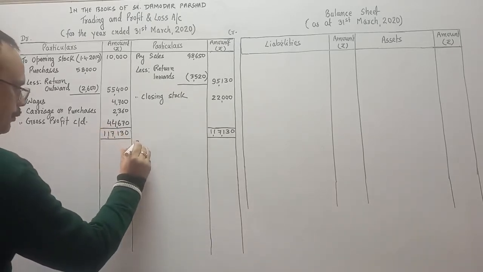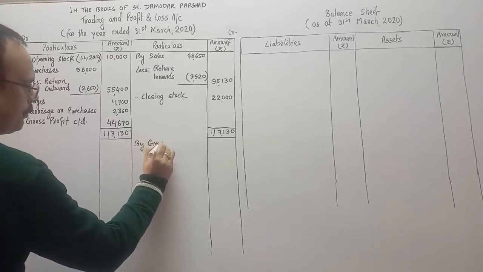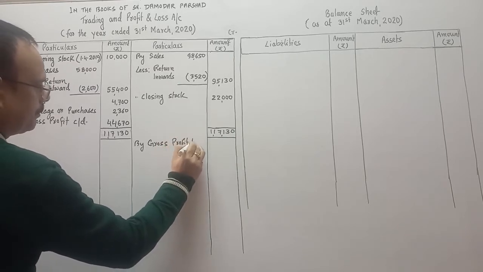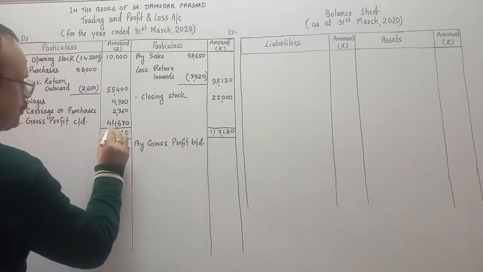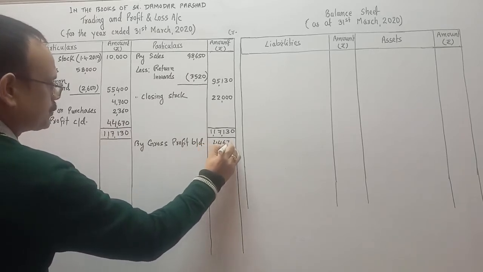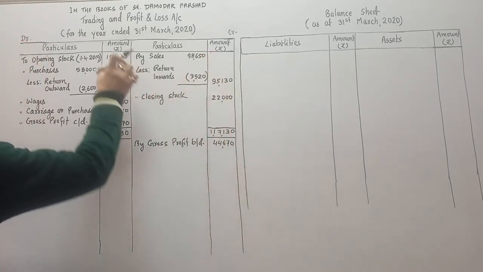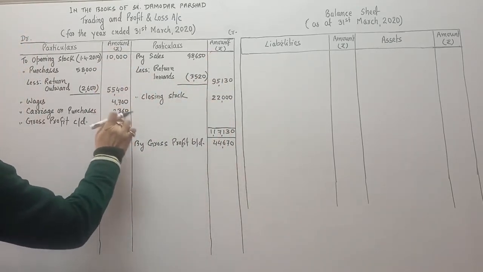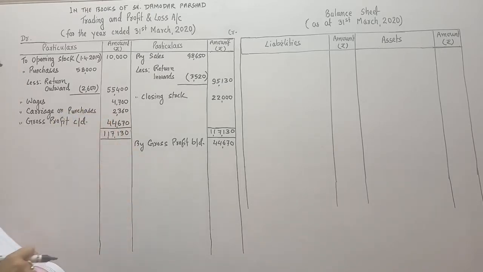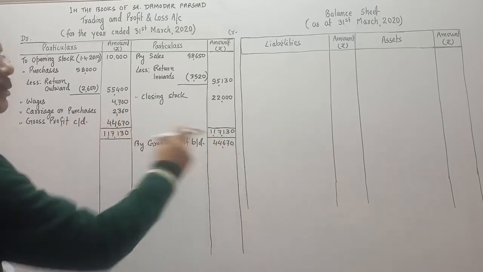This gross profit will be brought down on the credit side as gross profit brought down, because the credit side total is more than the debit side total. This is the difference amount, gross profit. Direct income is more and direct expenses are less, so the difference known as gross profit will be transferred to the profit and loss account.